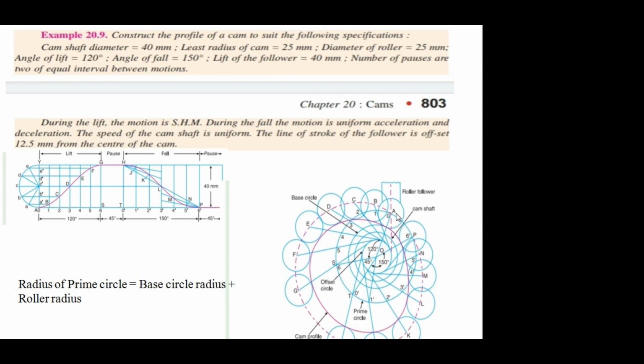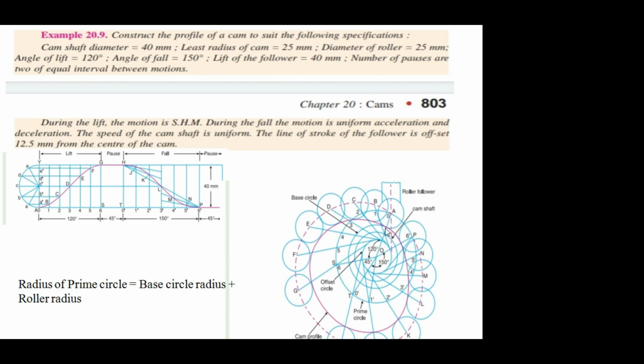So divide the prime circle: mark theta O 120 degree on the prime circle, then dwell 145 degree, then 150 degree theta R, and the remaining is 45 degree dwell 2.